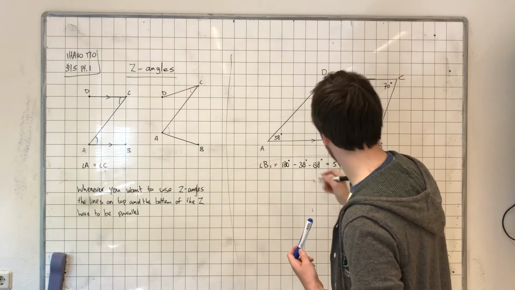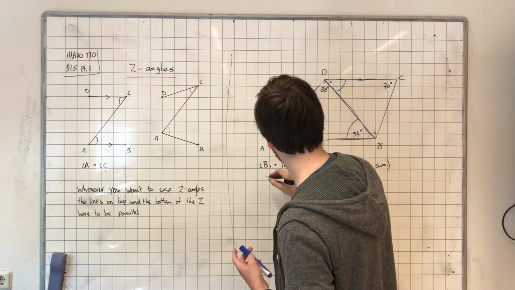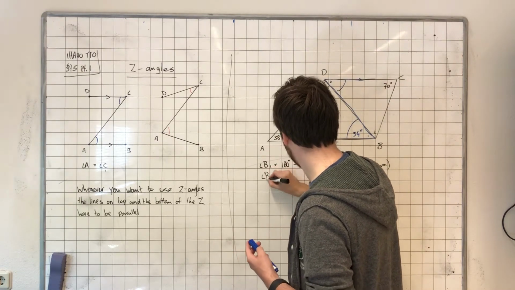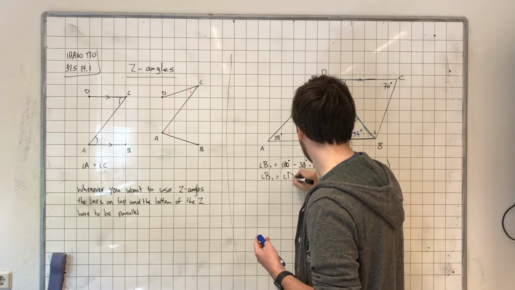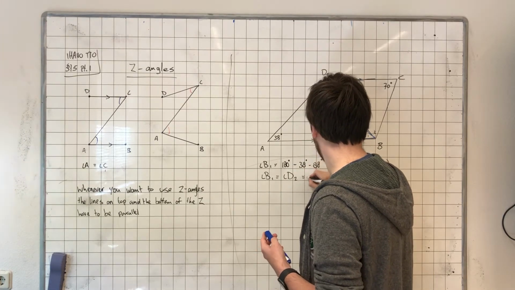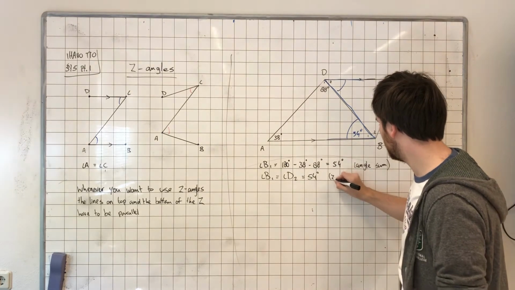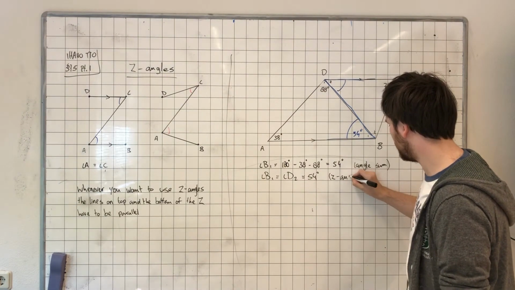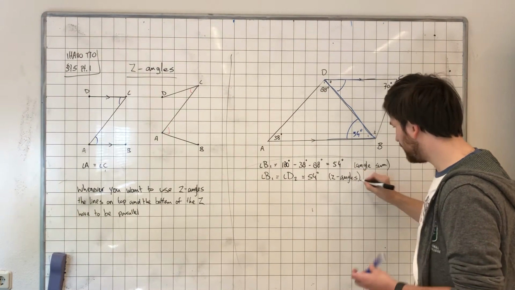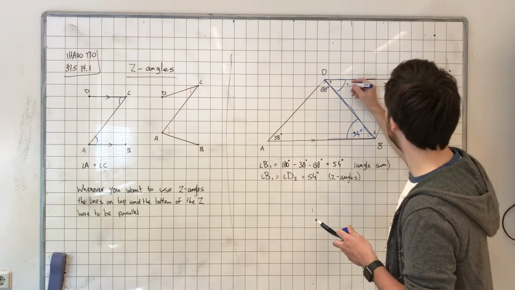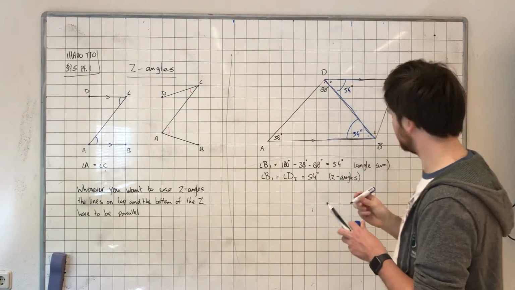B1, D2 sounds like it could be something in Star Wars actually. A small robot, I guess. But both of these things are 54 degrees because they're Z angles. So without actually calculating anything, we do already know this angle.